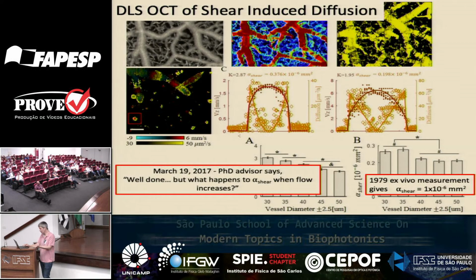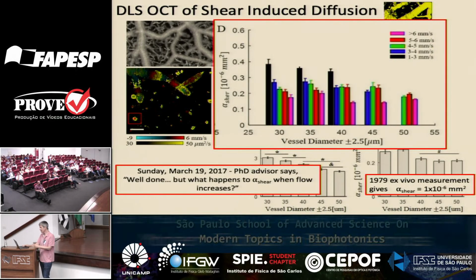We didn't report that, but fortunately it was in our data, so I was able to go home the next day and talk to Jumbo, and he made this graph, which shows that for different size diameters, for low blood flow, alpha shear is high, and as blood flow increases, alpha shear decreases, right? So it's important to understand this biophysics.